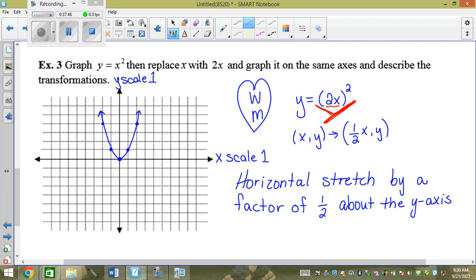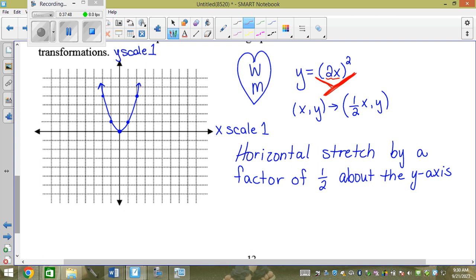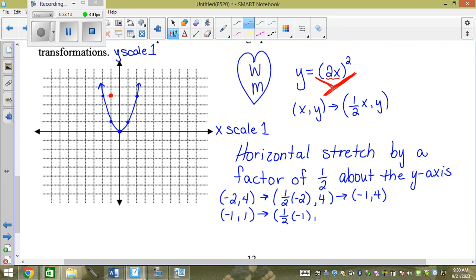So if I apply my mapping, I could have -2, 4 becomes 1/2 times -2, comma 4, which gives me -1, 4. Then I can do -1, 1 becomes 1/2 of -1, comma 1, which becomes -1/2 and 1.